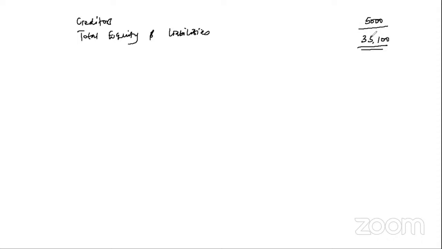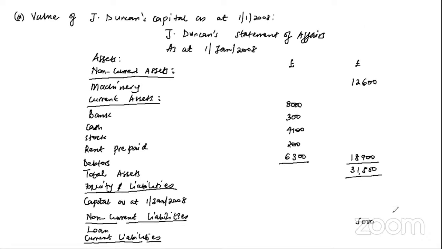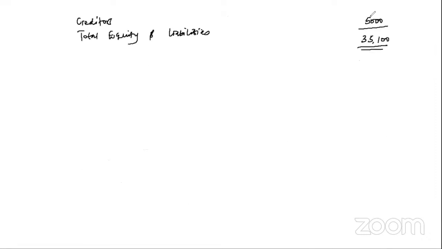However, when you look at the equity and the liabilities, you also have a loan of how much? No, creditors are 2,400 according to the question. This is 2,400 for the creditors. From the question, you have 2,400.